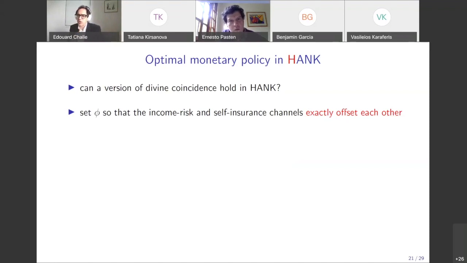So the central bank wants to do that. On the other hand, engineering a boom, if risk is procyclical, is going to raise idiosyncratic risk. It's going to raise earnings risk. And there is a case in which the two effects exactly offset each other. So in fact, the central bank doesn't want to depart at all from the divine coincidence.